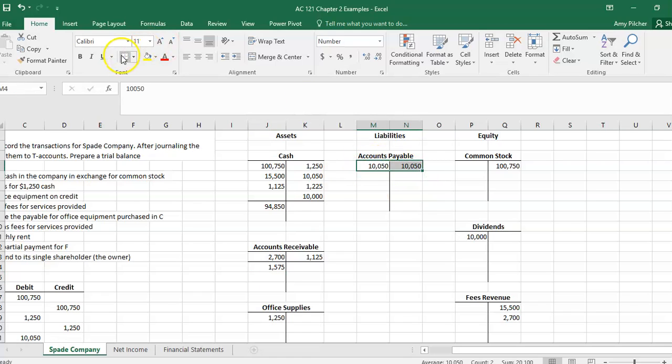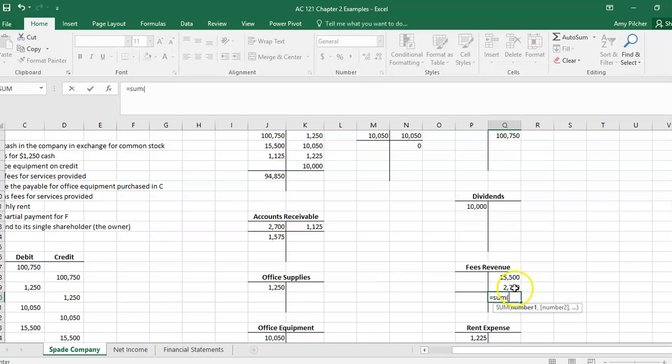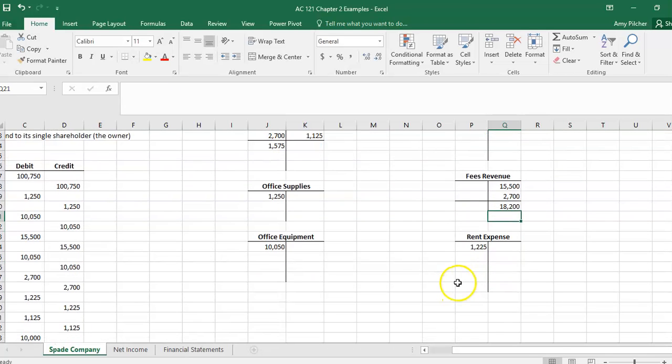We also balance the accounts that have 0 in them and write 0 on the normal balance side. So for a liability, the normal balance is on the credit side. For the sake of time, I'm only going to calculate or write out the balances for these accounts that have more than one transaction in them.